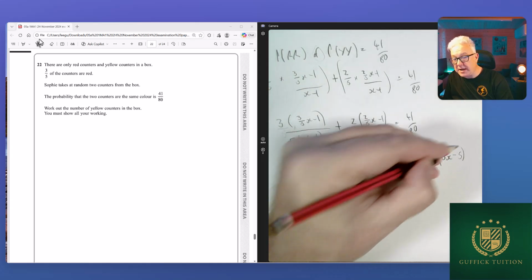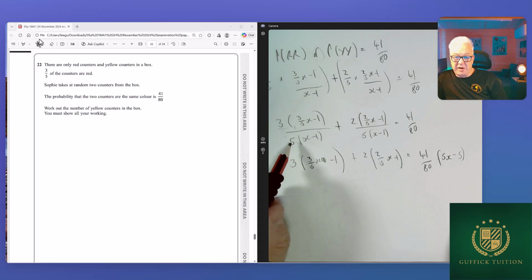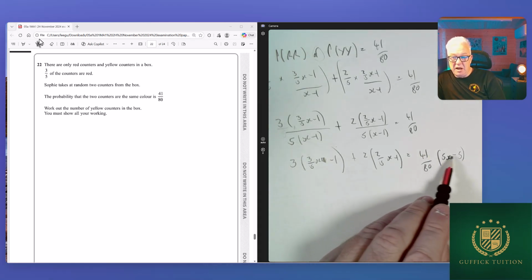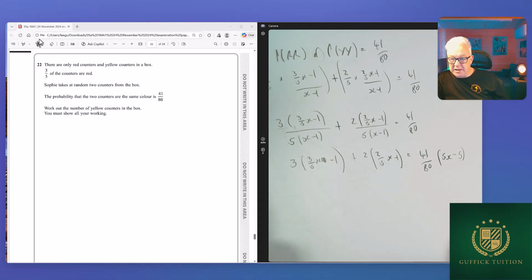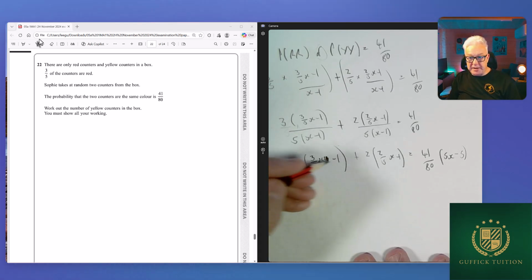Now what I've done there is, admittedly, I have expanded that bracket and rewritten that as 5x minus 5, okay? I don't think I particularly needed to do that actually, but I've done it anyway.